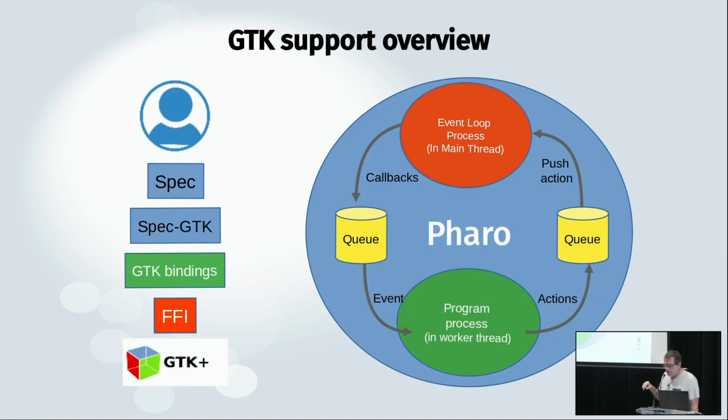So how is our support? Okay, you all know the graphic on your left, which is a layer graphic. Basically, it means that you have GTK, FFI, the bindings that are already in Faro. And there is the Spec GTK layer, which is the adapter part that was explained before, and then it's Spec.